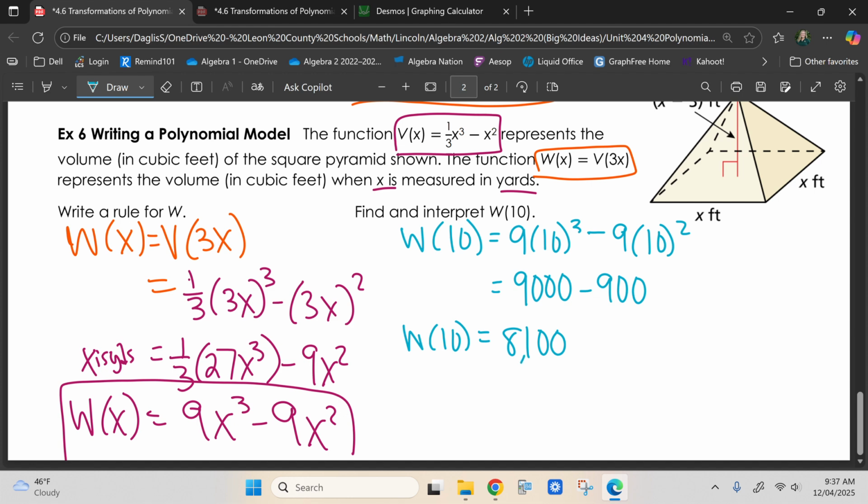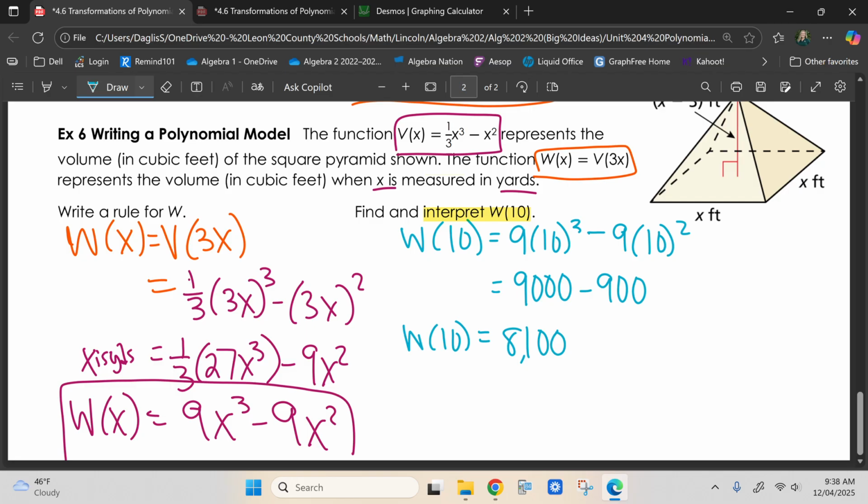All right, so the interpret part is the part that y'all struggle with. This is what y'all have struggled with recently. So you've got to remember what we just did. Like what was the 10? What's the 8,100?